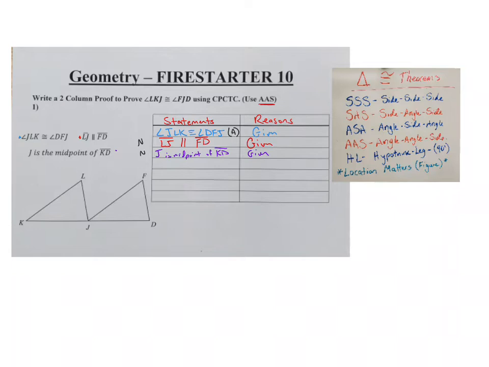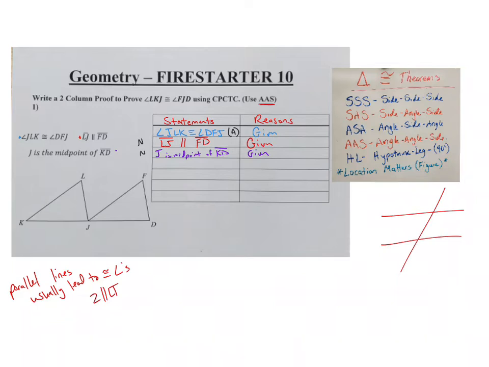Whenever we have a neither statement, it should lead to an angle or a side statement. And almost all the time, parallel lines usually lead to congruent angles. Because remember, we have two parallel lines cut by a transversal. I don't know if you guys remember, but we had stuff like that. Alright? So this is my parallel lines.